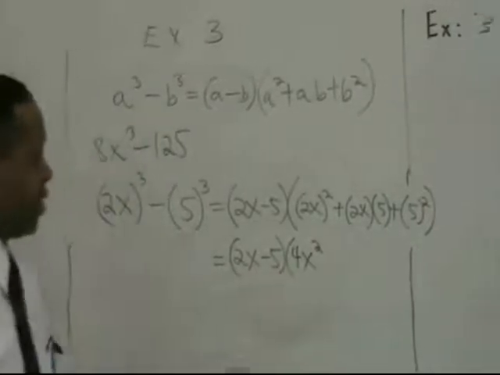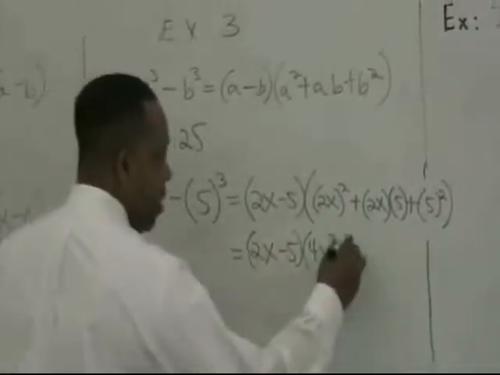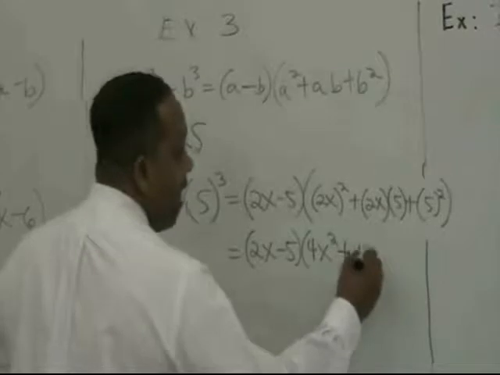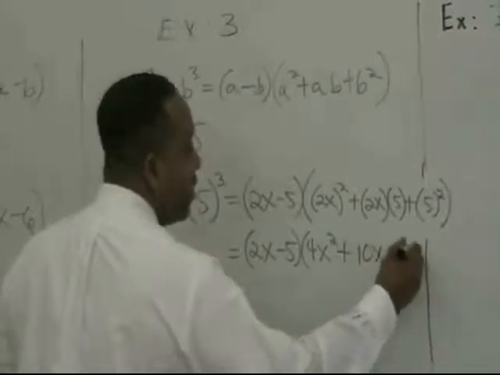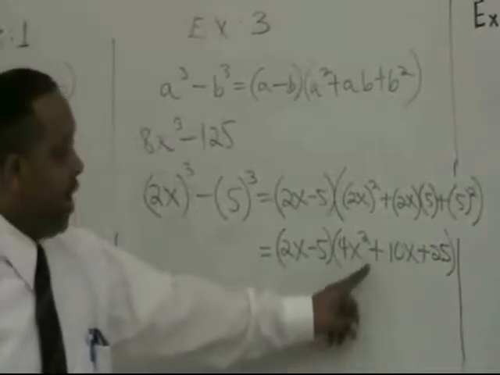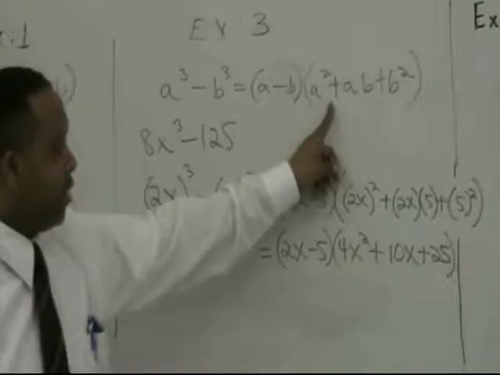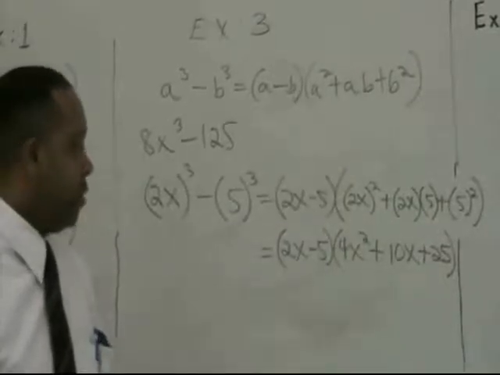I often get 2x squared here. Both should be grouped and therefore written. Plus 2x times 5 plus 5 squared. I remind you again, this trinomial, which looks to be factorable, will not be factorable over the set of real numbers. And so we know that we have this completely factored.